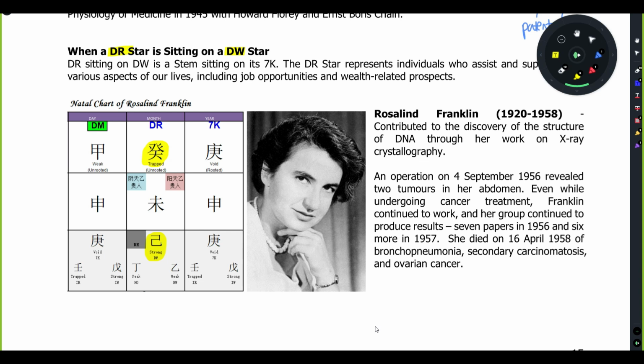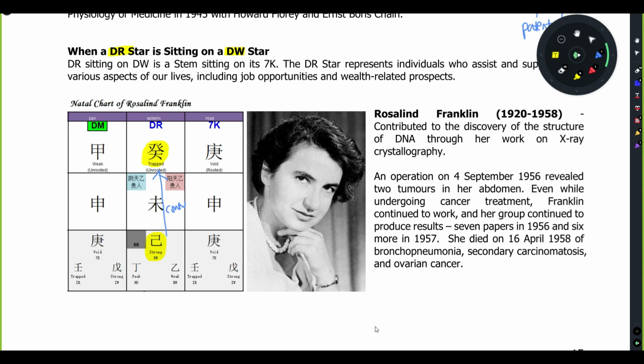And therefore this represents individuals who can rise in their career by providing that kind of support, because direct resource is about knowledge and discovery. In a way, when direct resource sits on direct wealth, it is one that controls.